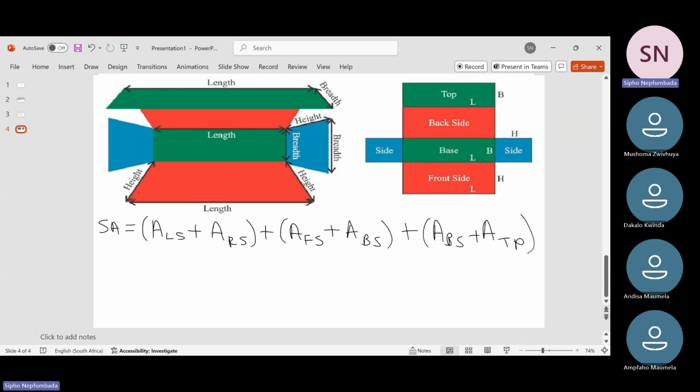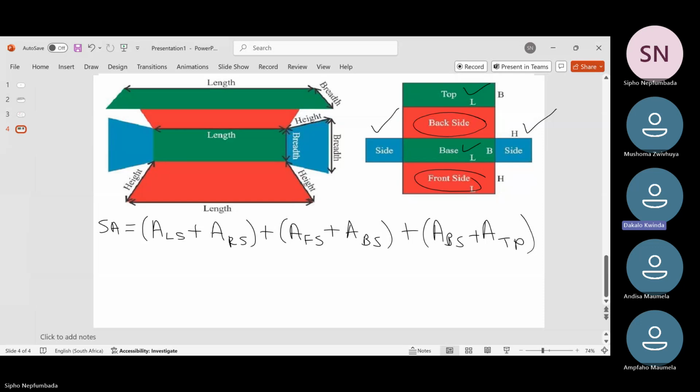Are we still together? The area of left side plus the area of right side plus the area of front side plus the area of back side plus the area of bottom. Did you see that?